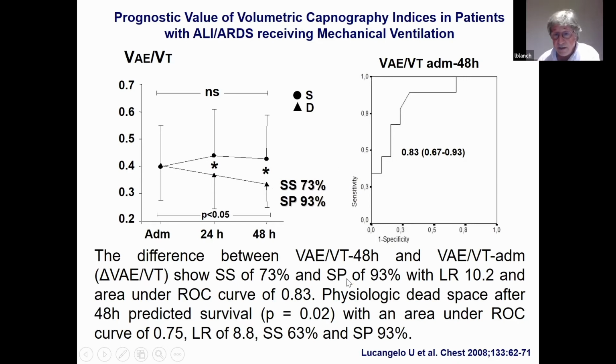But interestingly, we also measured physiologic dead space from admission to 48 hours, and physiologic dead space also predicted survival. What differs from the VD/VT is that this can be measured breath by breath, using computed analysis of CO2 as a function of volume, if all this is collected by computers.